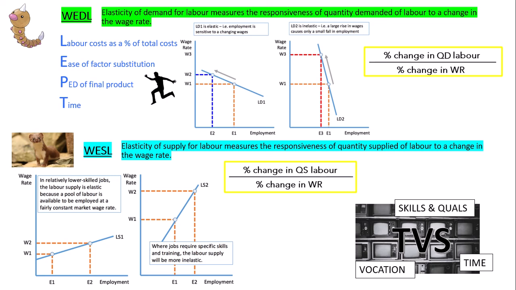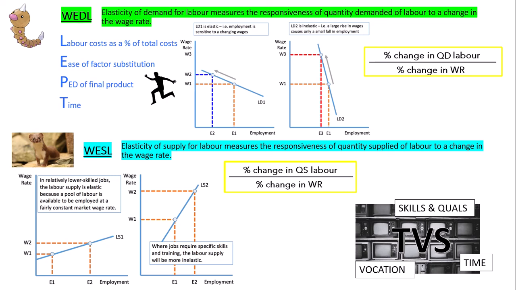If you look at LS1 on the left hand side, the elastic supply curve for labour, if a job requires fairly low skills and qualifications, if the wage rate goes up, you will see a lot of people moving into that industry because there's not as many skills required.